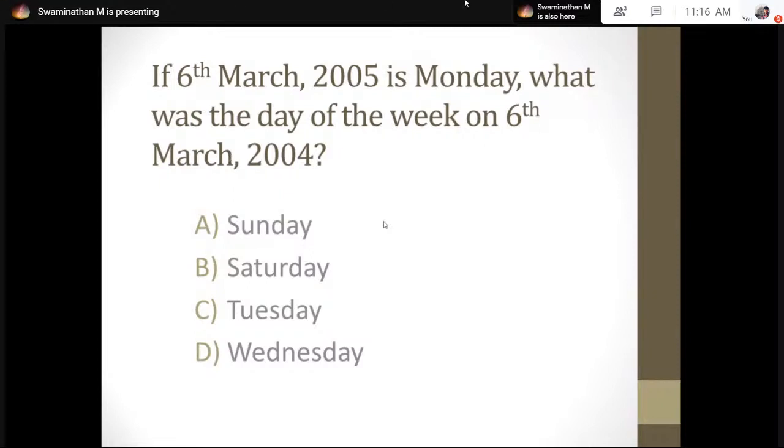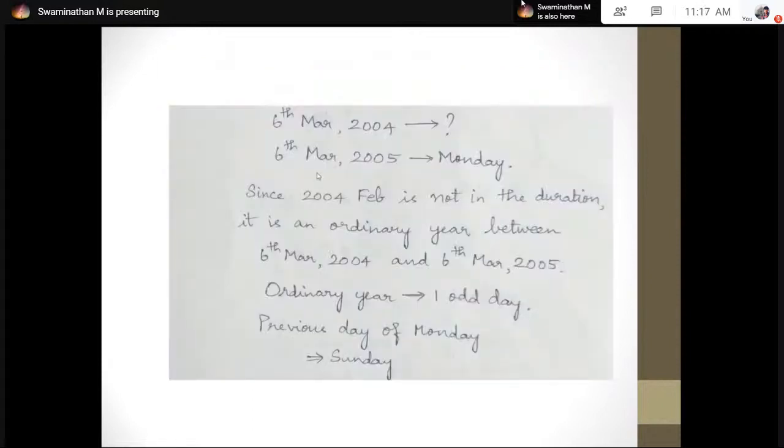Okay. Let's see the answer. Many are answering. Yes, the answer is Sunday. So 6th March 2004 you have to find, and 6th March 2005 is given. It is Monday. 2004 is a leap year, but we need not take that into account because February is not included between these months.